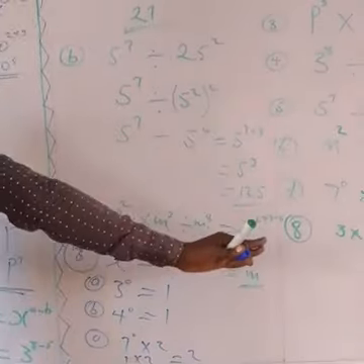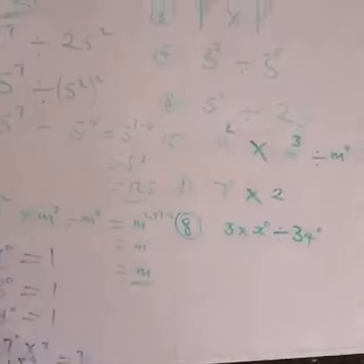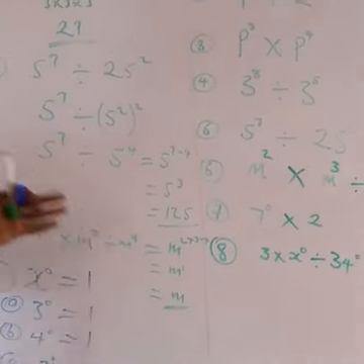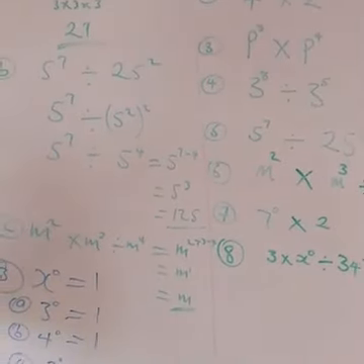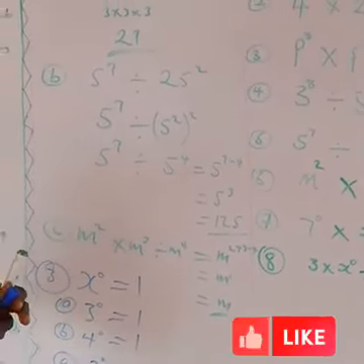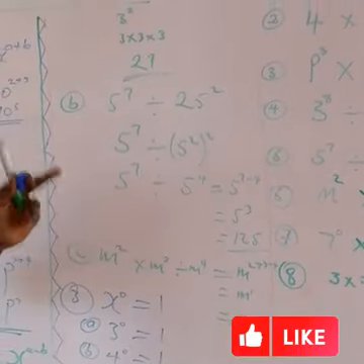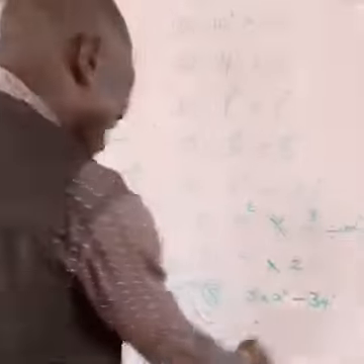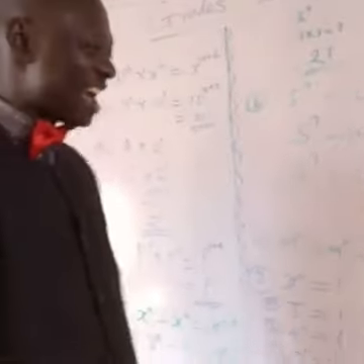Let us equally extend this to law number 8 now. This time around we're picking laws 1, 2, 3 combined here. And so we are going to use it to answer this question number 8 here.